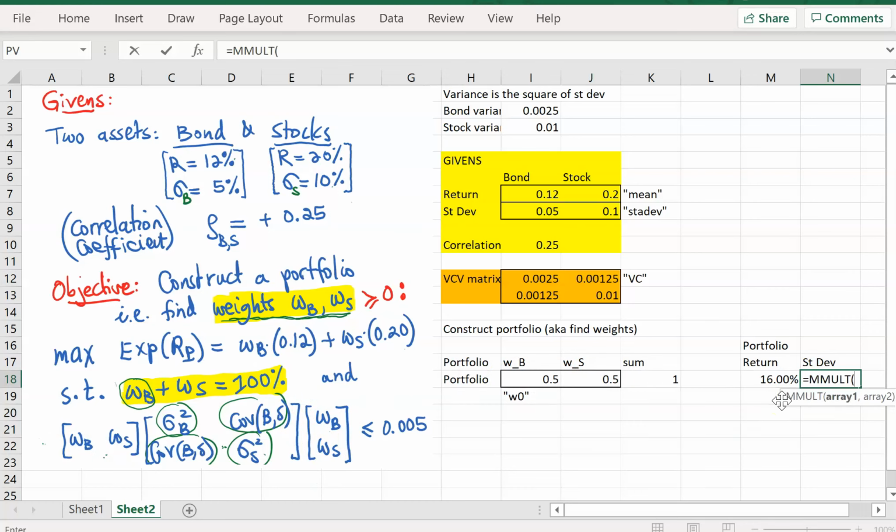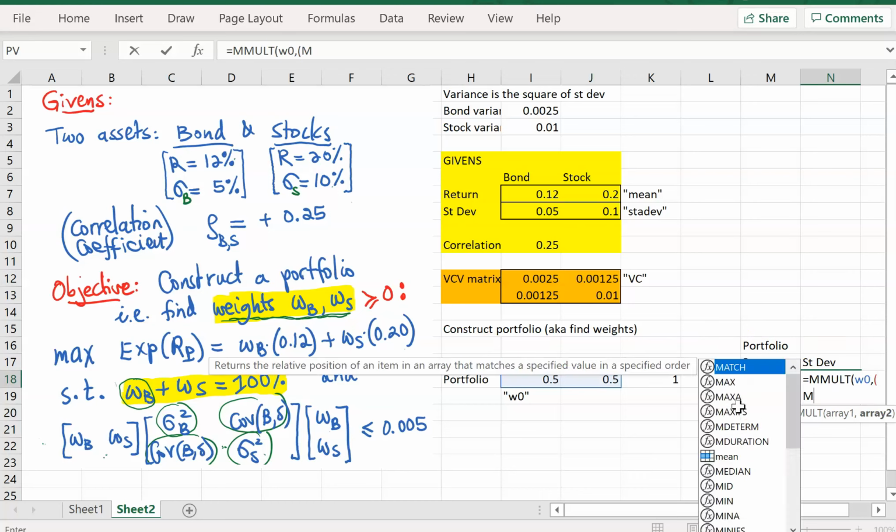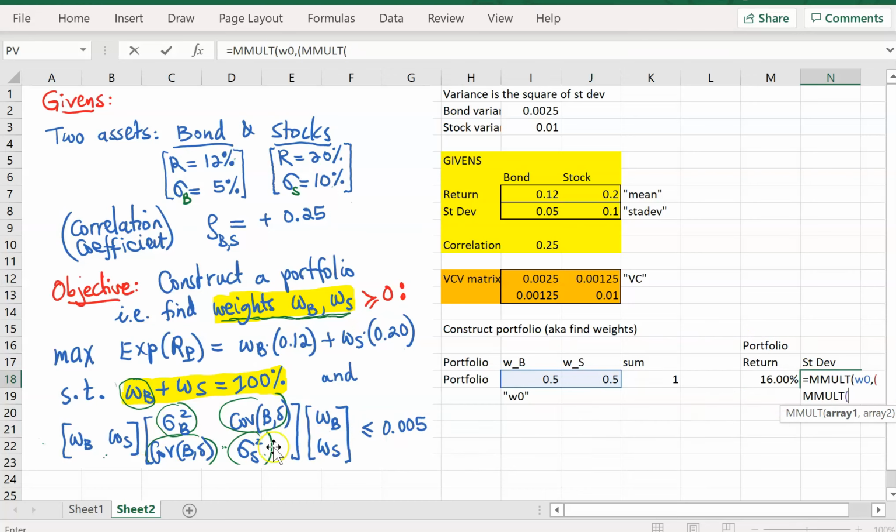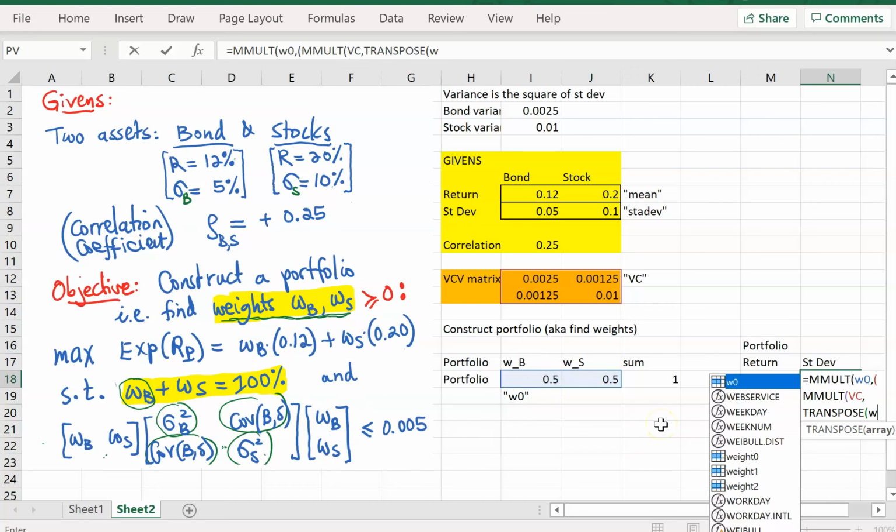It will be in two steps. Matrix multiplication of the weights, W0, with the outcome of the product of the last two, which is VC, comma, the transpose of the weights, W0.